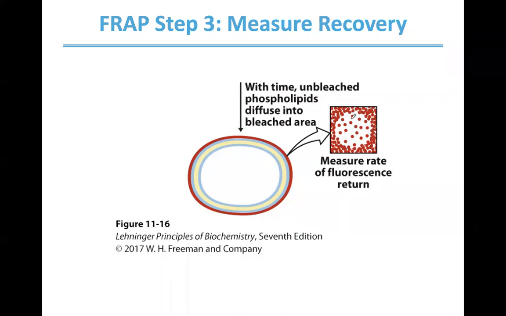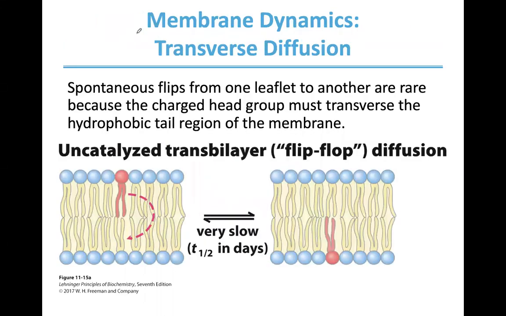And again, this is based on the lateral diffusion of the lipids. Depending on how fast this happens, we can tell how fast the lateral diffusion is in the cell membrane. So the technique known as FRAP, pretty straightforward.